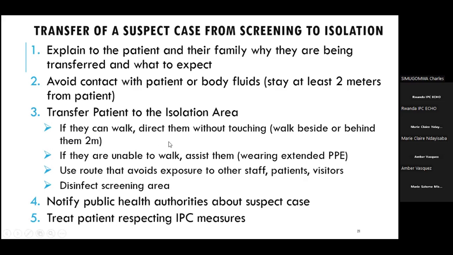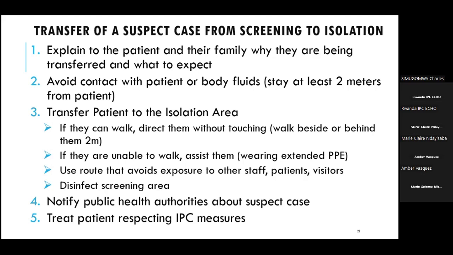If the person can walk, we can keep distance, walking beside or behind toward the isolation. If they are unable to walk and need assistance, the person who is going to bring a wheelchair must wear extended PPE, and we have to find a way to go from the screening area to the isolation.